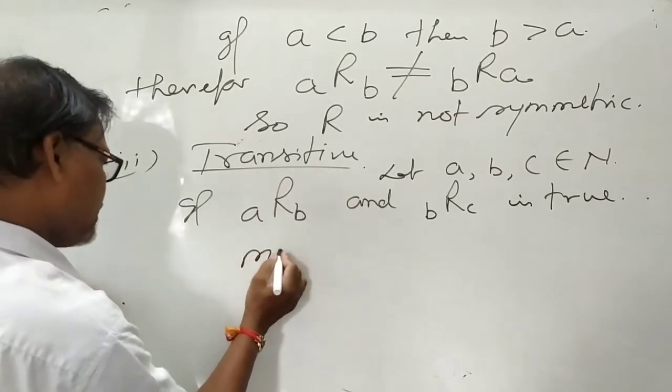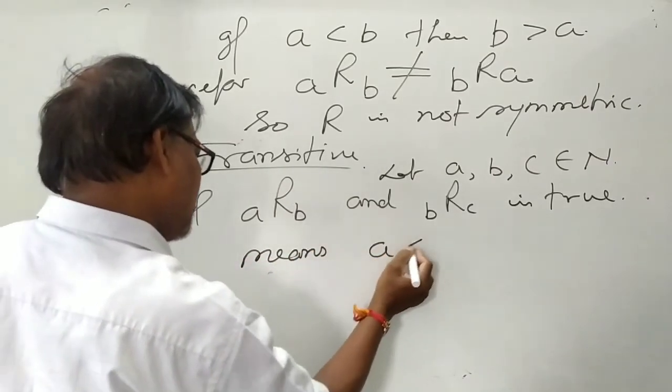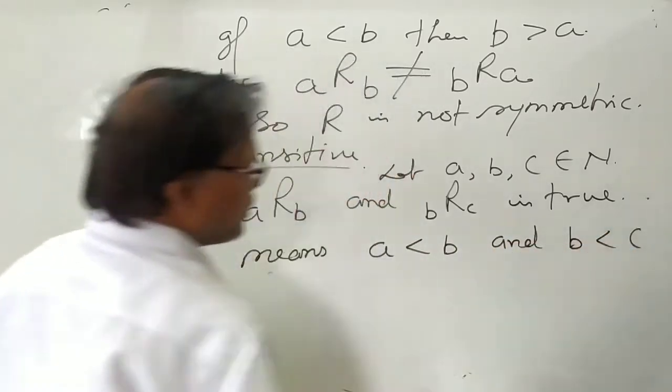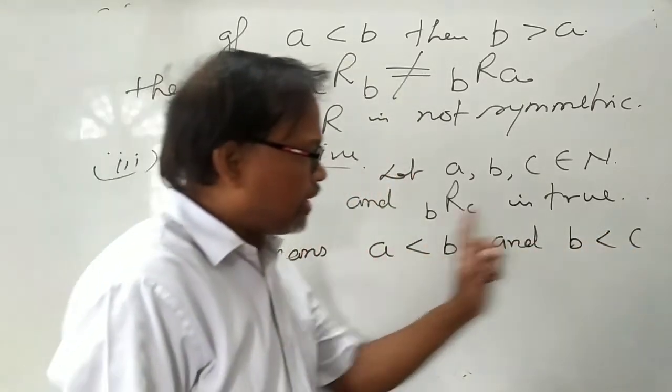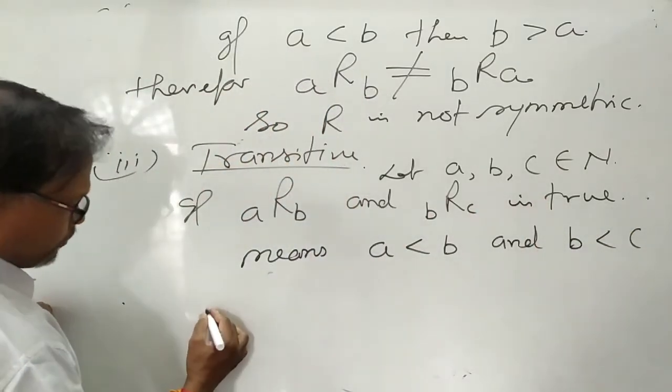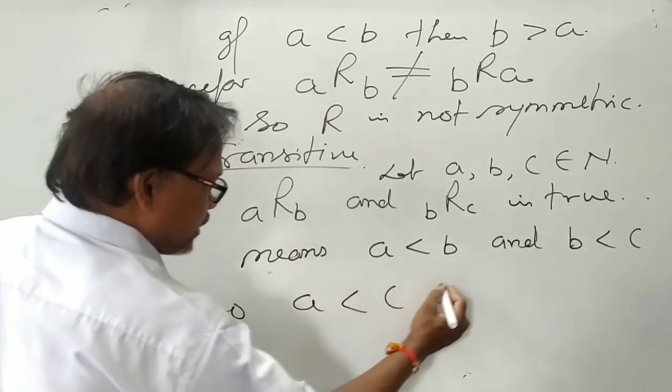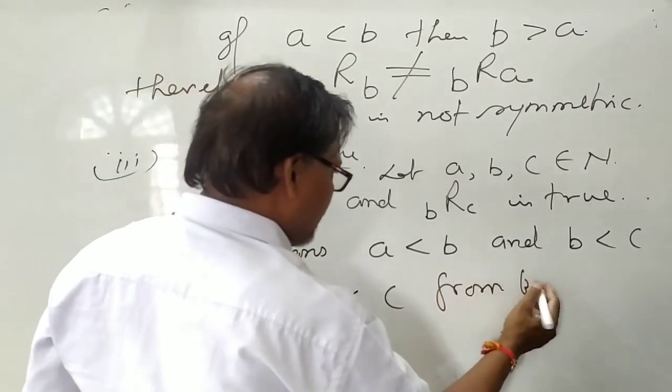True means a is less than b and b is less than c. So what will you say about a and c? So therefore, yes, a is less than c from above.